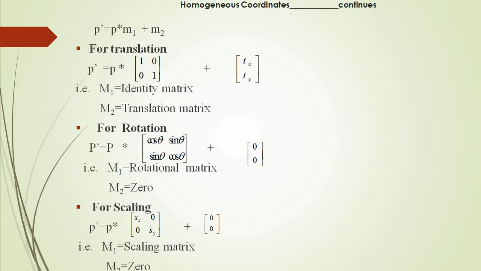For scaling, M1 is the scaling matrix: Sx 0 0 Sy, where Sx and Sy are the scaling factors for the x and y axes. In rotation and scaling M2 is equal to 0, and only in translation M2 is the translation matrix, that is Tx and Ty.